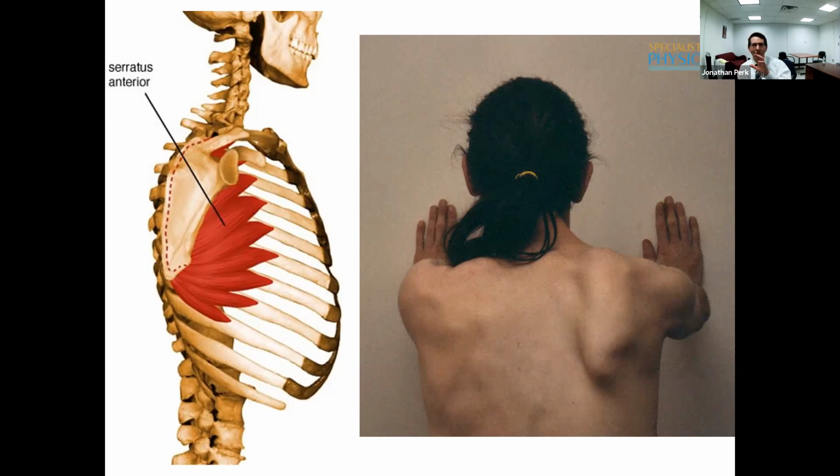Now, another general cause of winging of the scapula, which is not an individual muscle, is when we have general weakness. So if we have a problem that is part of what's called limb girdle weakness, and there's actually, as you know, a group of disorders. I don't know if you already had this talk about myopathies.